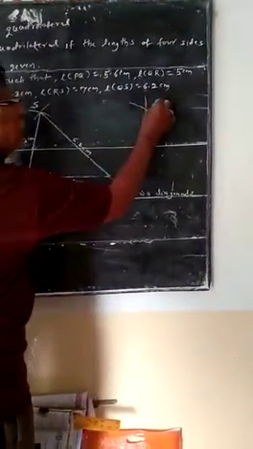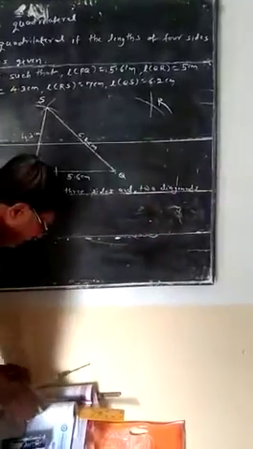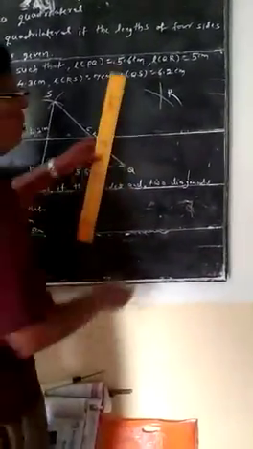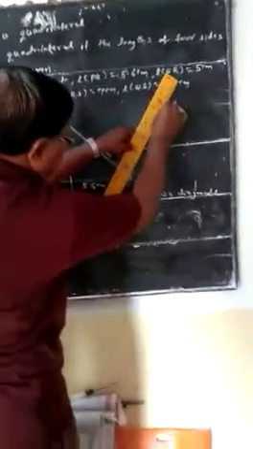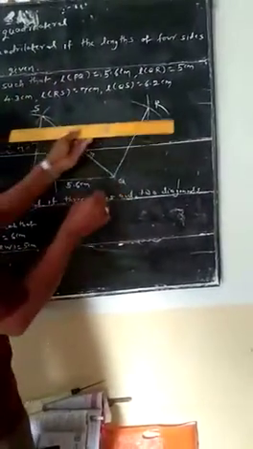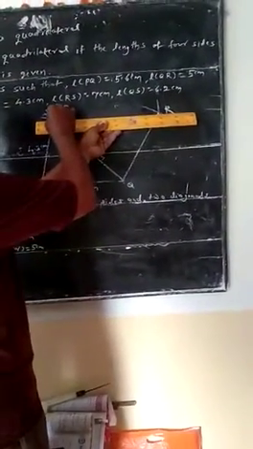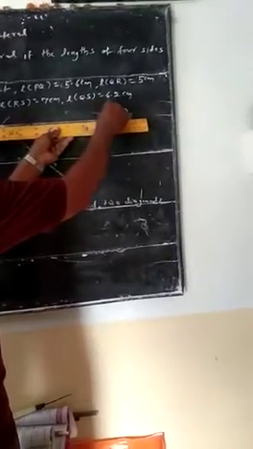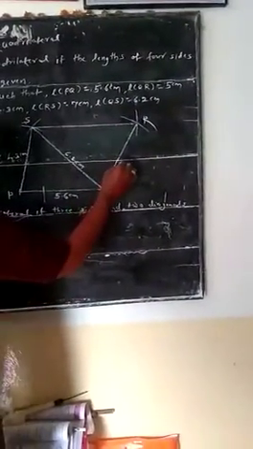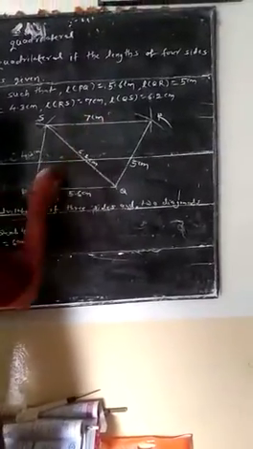Then rub the extra arc. Now this point is R, so we have PQRS. Join QR and SR. This is your 5 centimeter and this is your 7 centimeter.